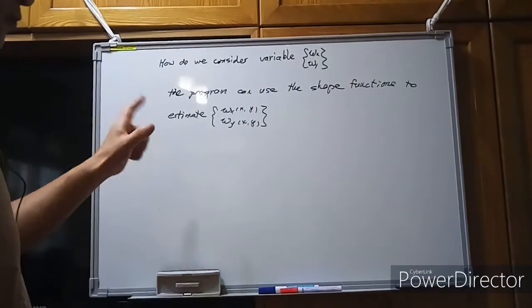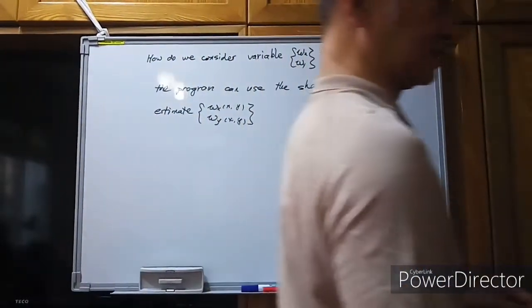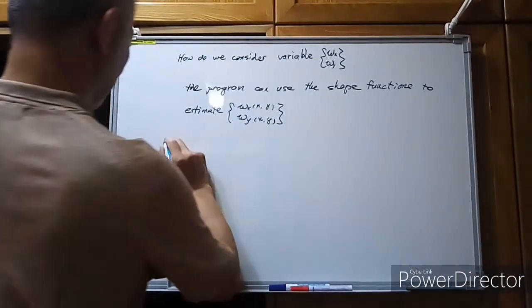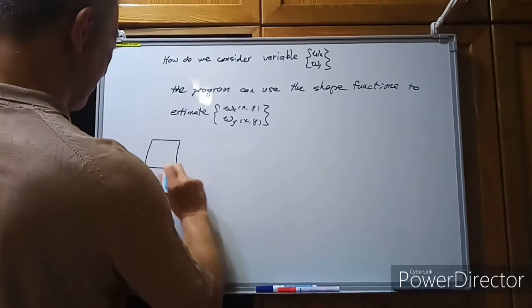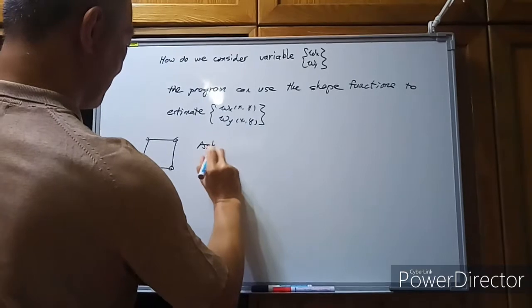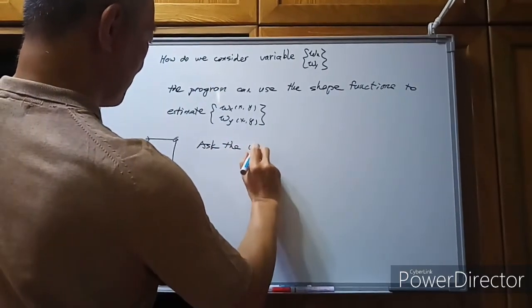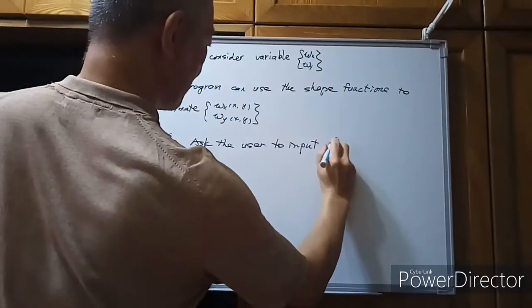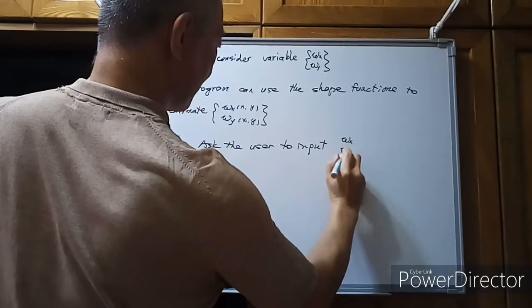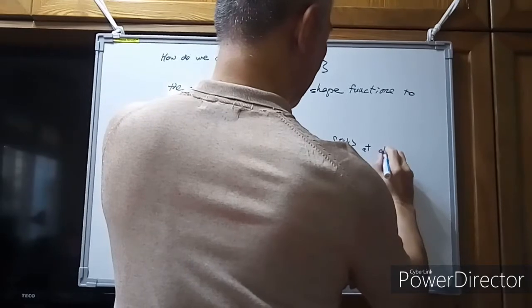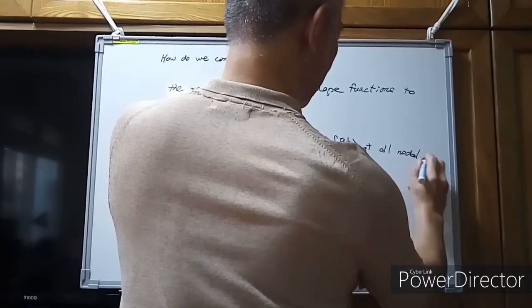If the Wx and Wy are not constant inside the element, then we can ask the user to input them.